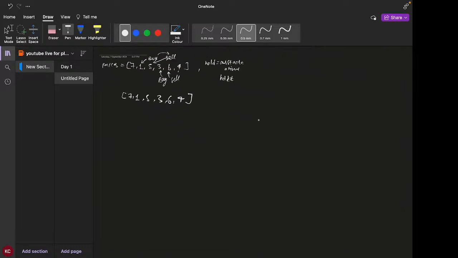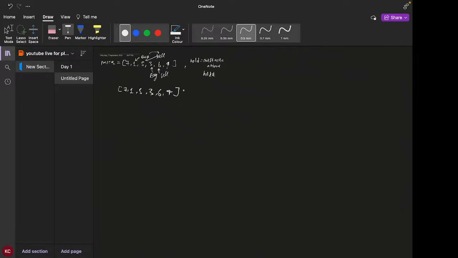If I am here, then definitely the stack is empty, so I put 7 and hold equals true. First hold. Is there any problem here?